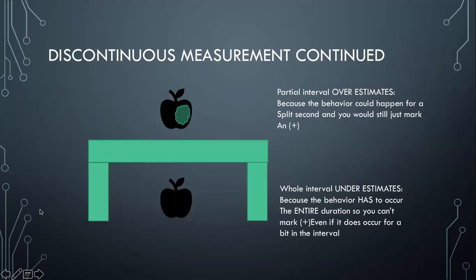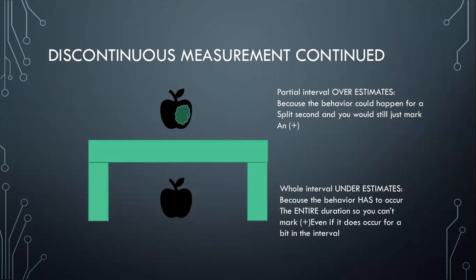In this presentation, I did a little table. There's a whole apple underneath the table, and there's a partially eaten apple on top of the table. This representation tells us that partial interval, as represented by my bitten apple, partial interval recording overestimates.